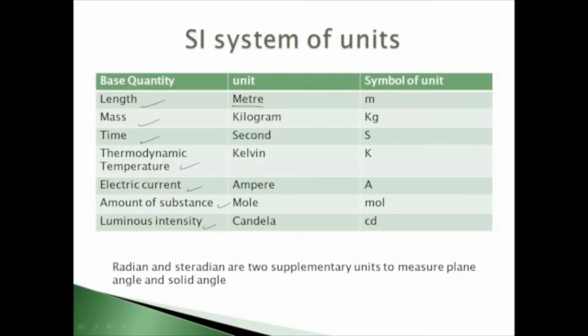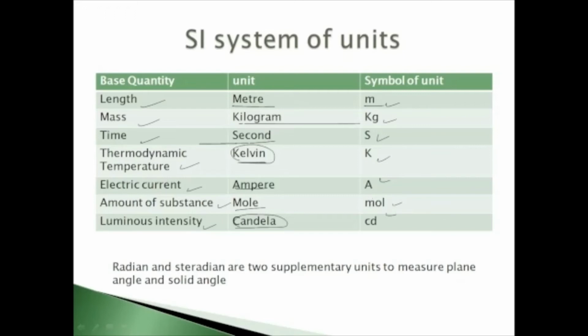So, what is length? The unit of length is meter and its symbol is m. The unit of mass is kilogram. The unit of time is second. The unit of thermodynamic temperature is Kelvin. The unit of electric current is ampere. The unit of amount of substance is mole, and of luminous intensity is candela. And these are the symbols to represent these quantities.